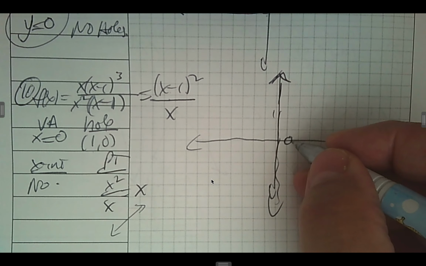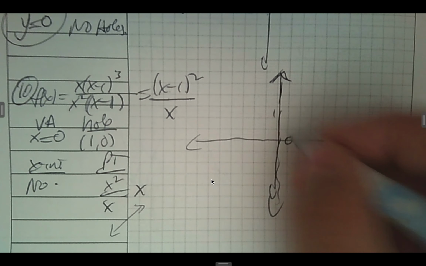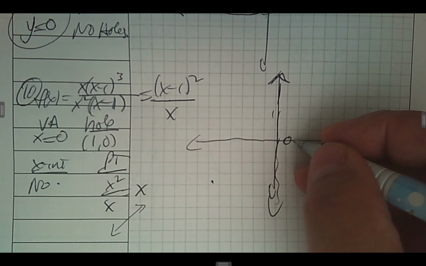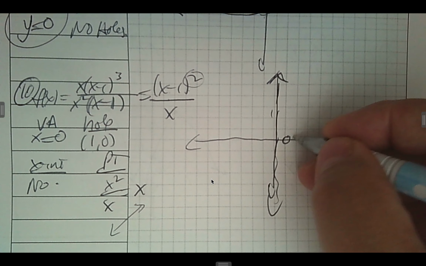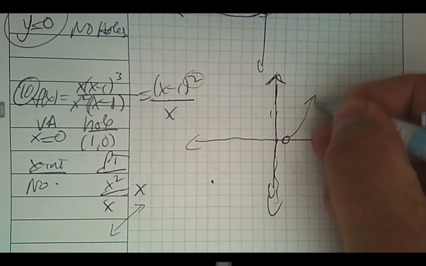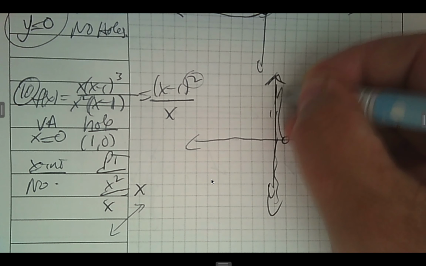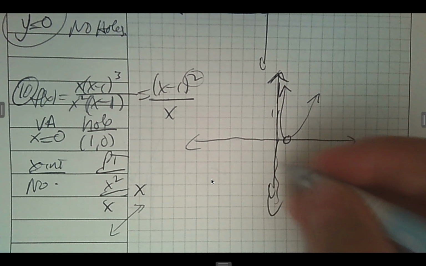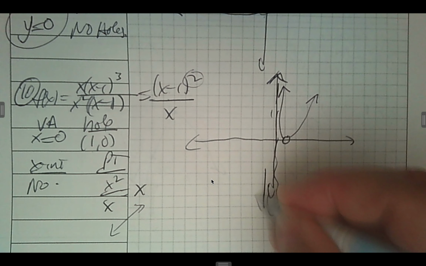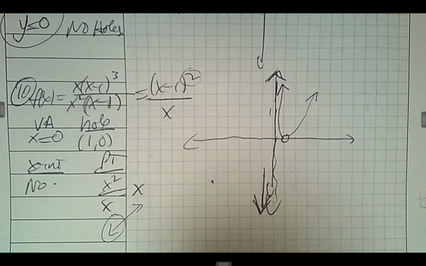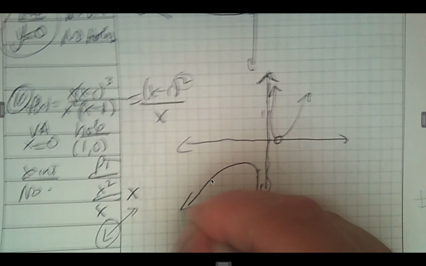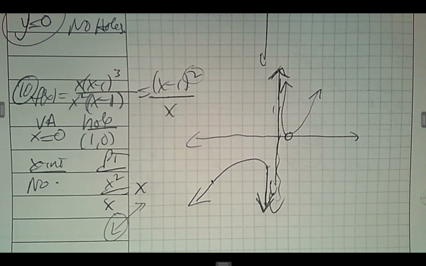From this hole, which comes from here, it's going to touch. It has an even exponent right there, which means the right end goes up, then it touches and goes to positive infinity. The other end is going to go to negative infinity, and I know the end behavior. So somewhere here it's going to turn and then go that way. So there's my sketch of what it looks like.